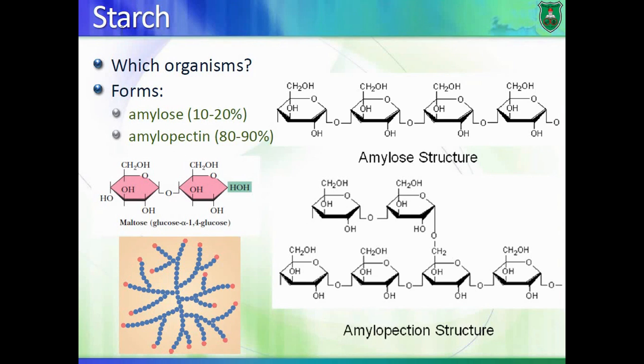So the starch comes from a plant source. Glycogen is synthesized in our cells and is present in animals. That's why it's named animal starch.